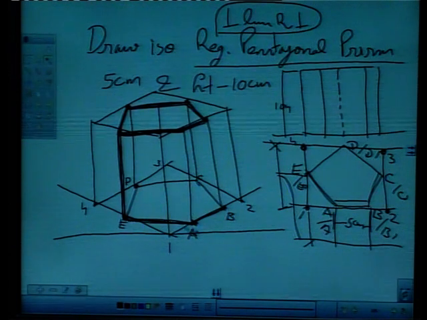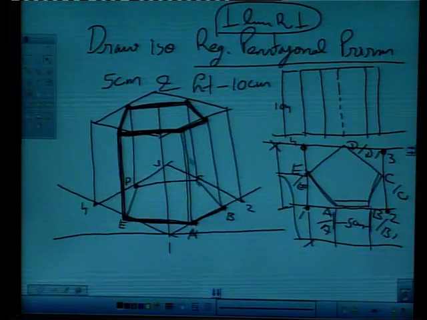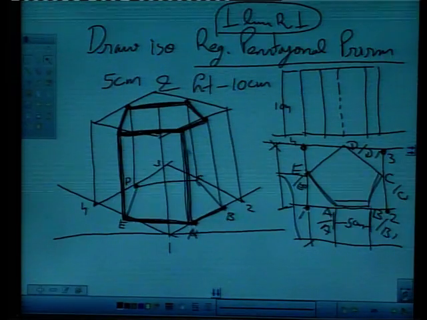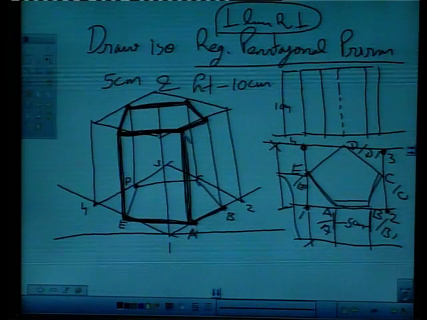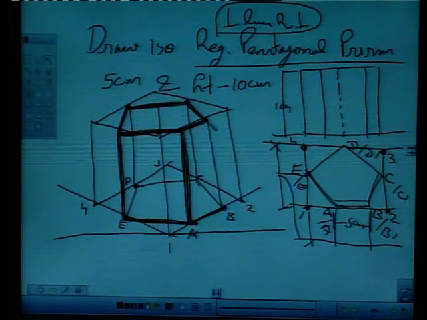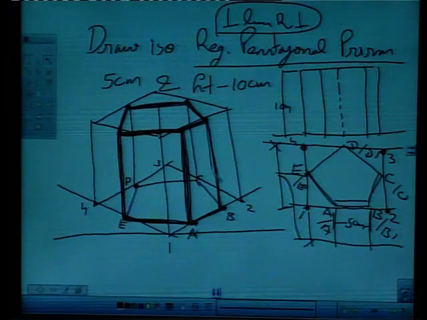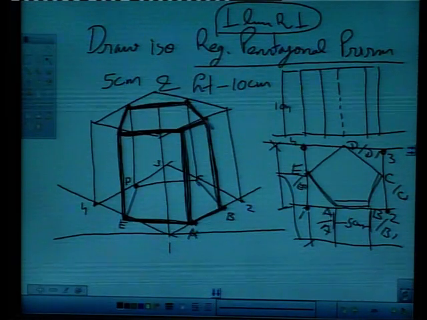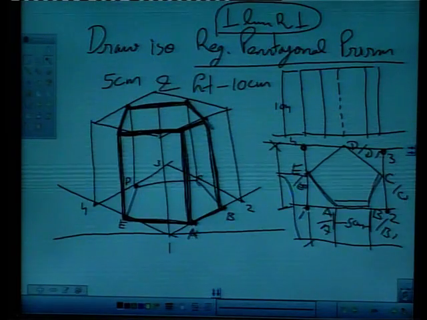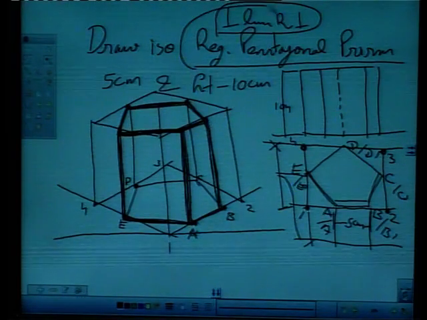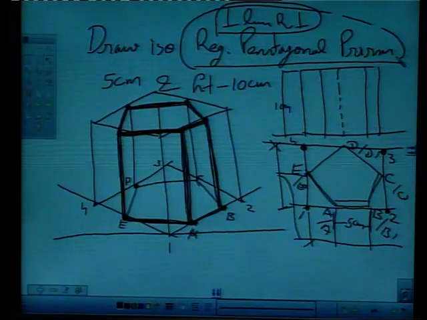All visible edges will be dark, right? You will mark just one bold line, right? And this vertical edge will also be visible. We will dark this, right? So this gives us an isometric drawing of a regular pentagonal prism with given dimensions.